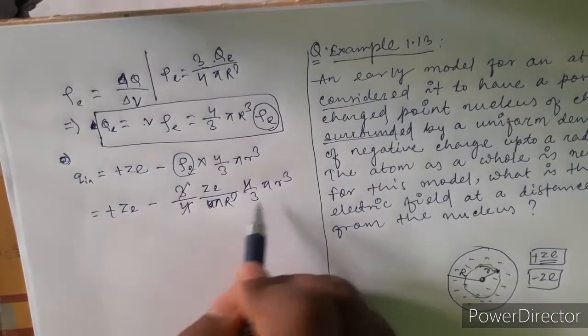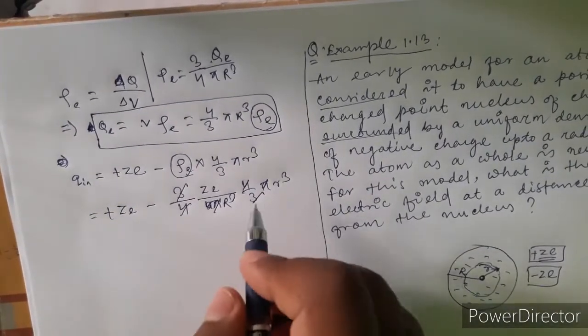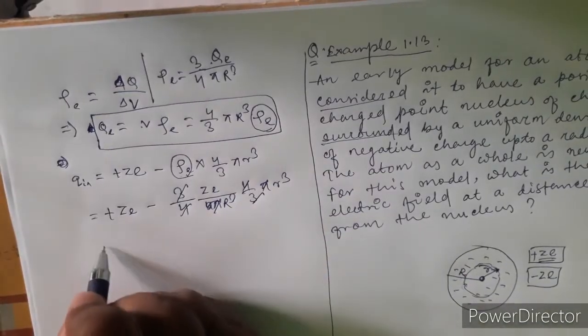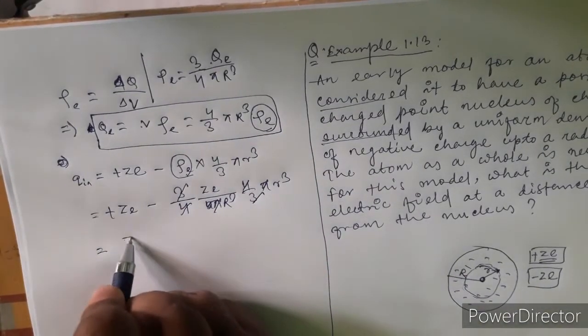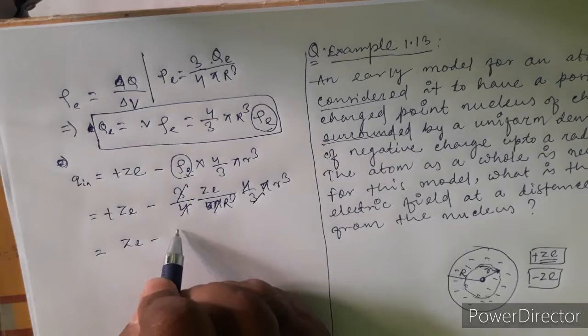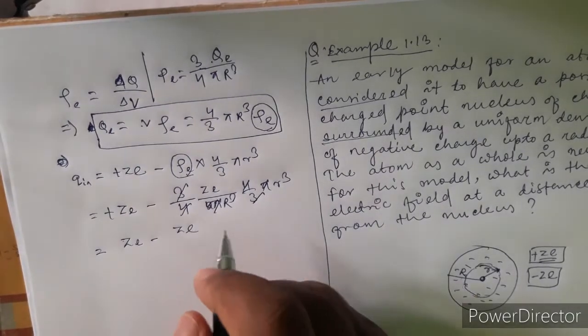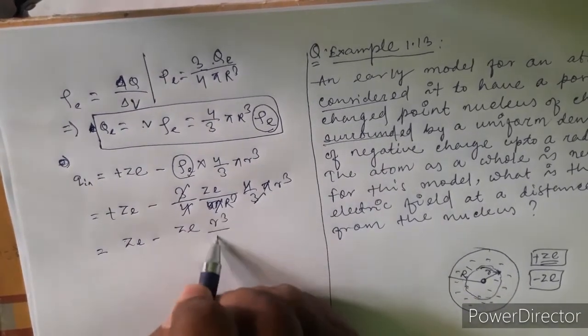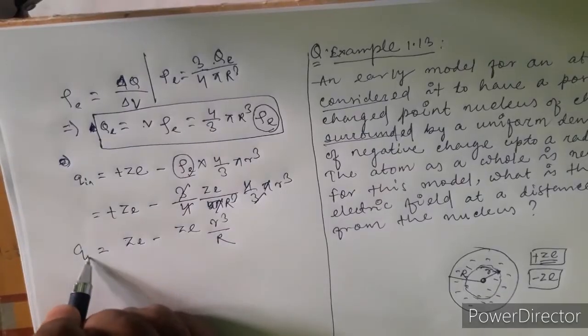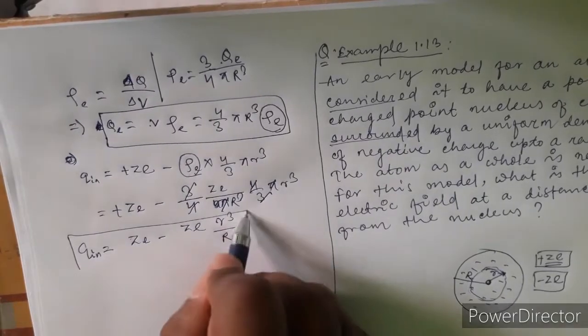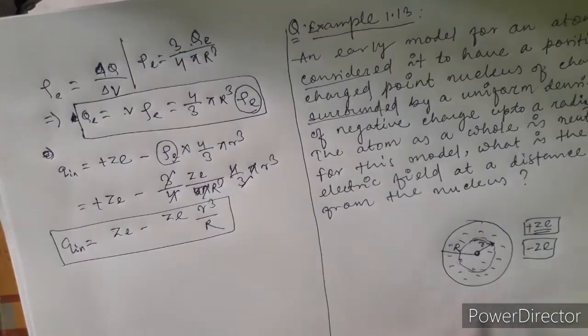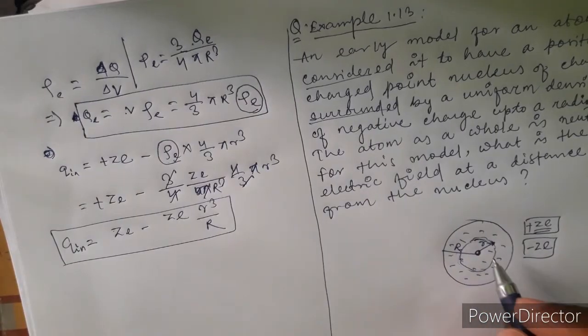So 4 by 3 pi cancel out, okay. So what will be the total charge inside it? ZE minus JDE r cubed by R cubed. So this is the total charge inside the Gaussian sphere, this small Gaussian sphere, right.